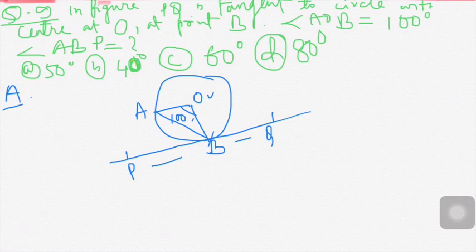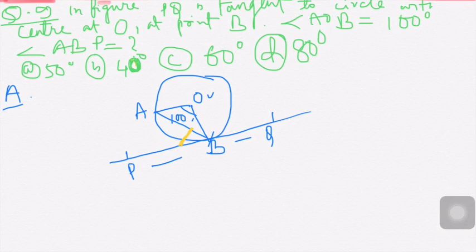We need to find out the angle ABP. So this is the angle we need to determine, angle ABP. So how to solve this problem?